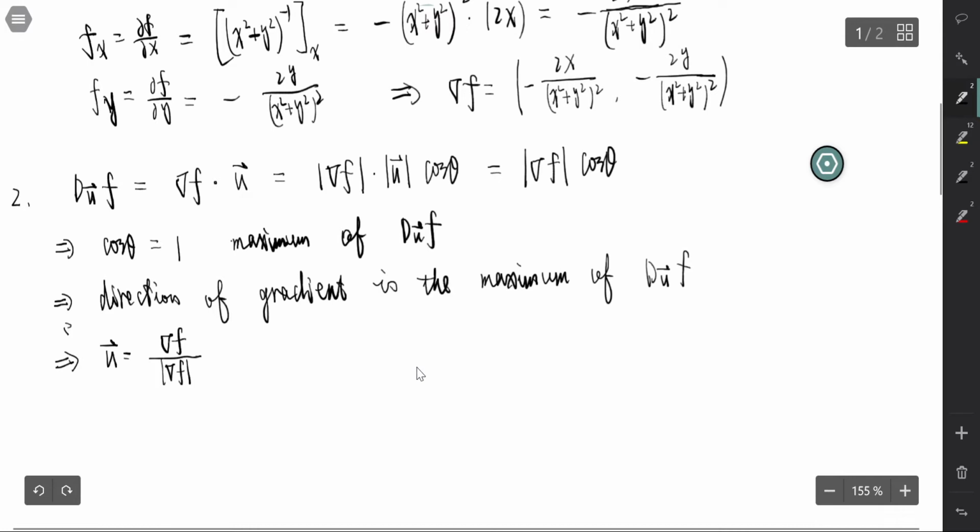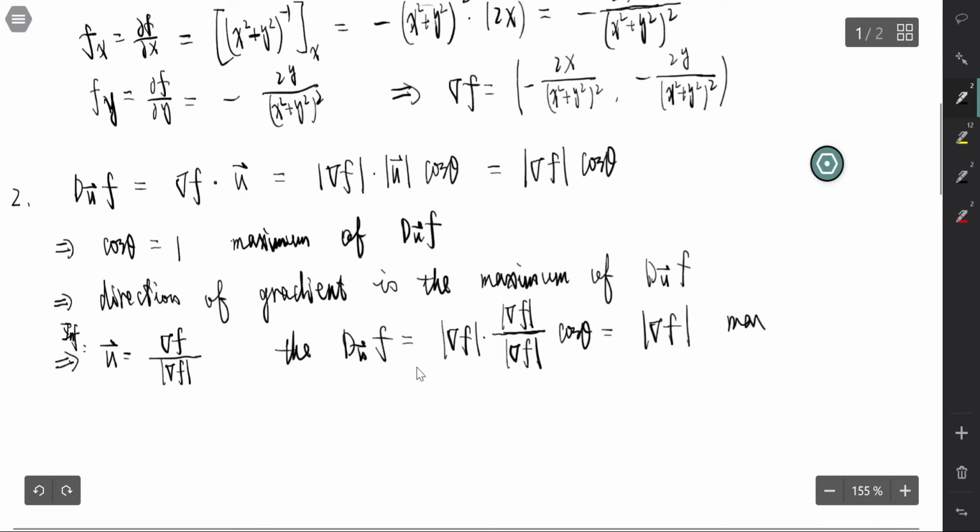If u is the gradient f over its length, then D_u f equals the length of gradient f times cosine theta. Cosine theta is 1, so that is the length of gradient f.